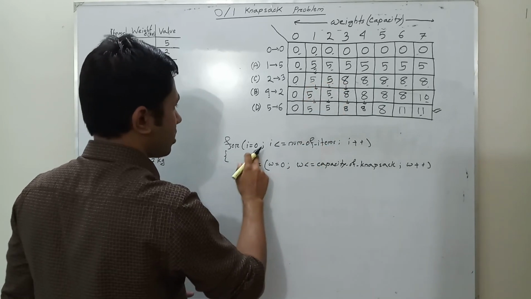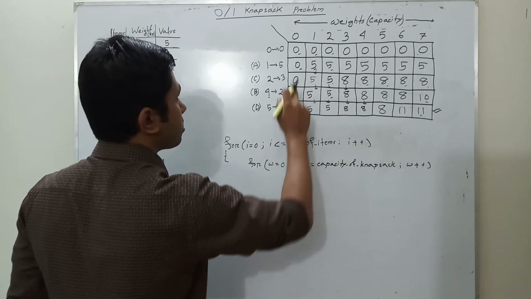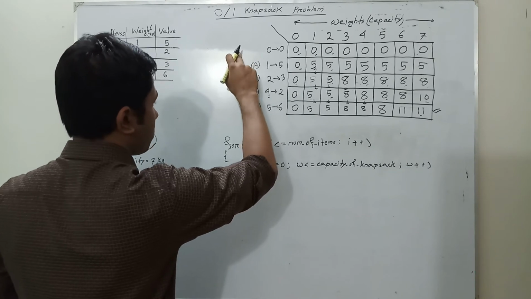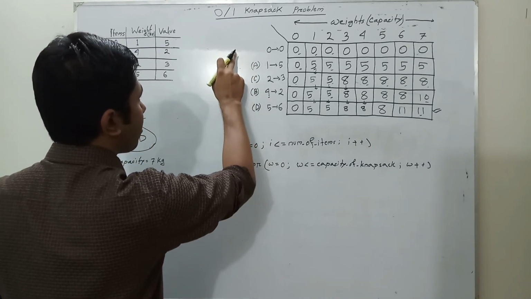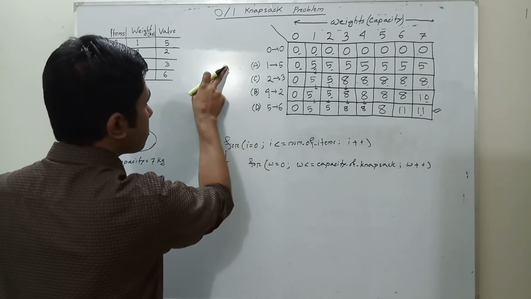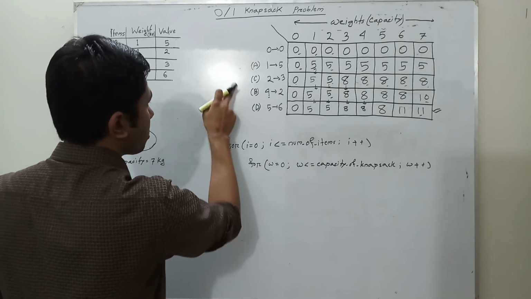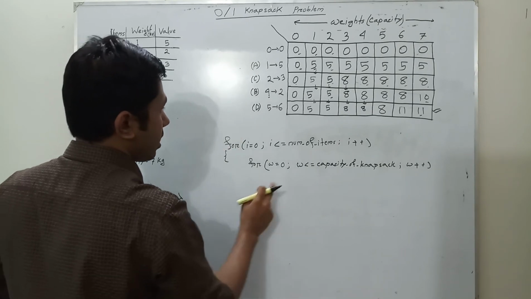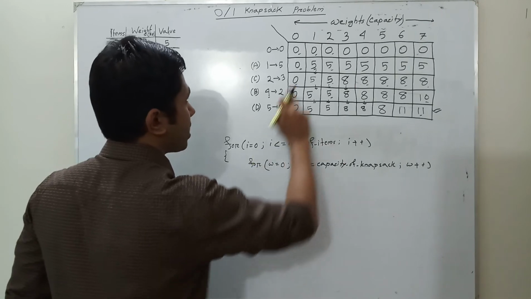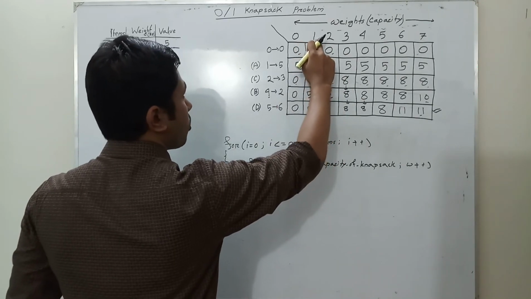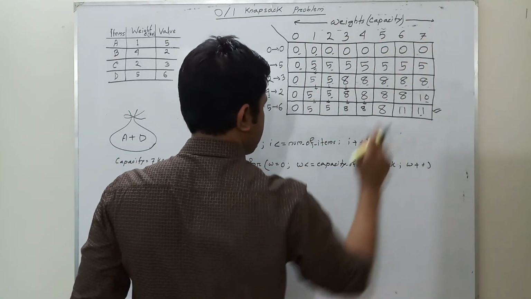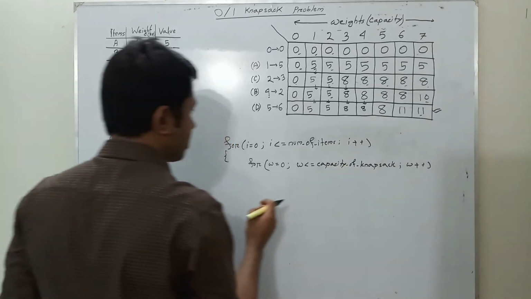That means for I equal 0, I less than equal number of items, I equal 0, 1, 2, 3, those items. And this for loop will cover the weights. That means 1, 2, 3, 4, 5, 6 in this loop.